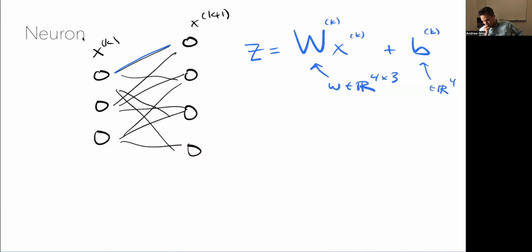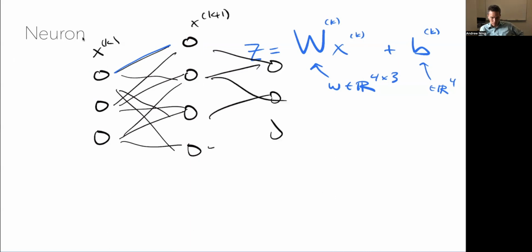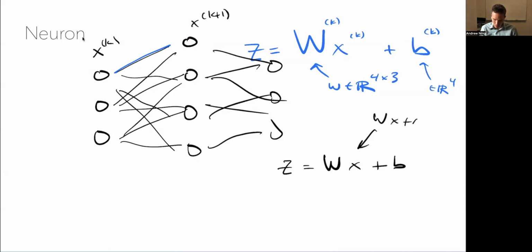Okay, so that's the start, but it can't be just that, right? Because if I only have linear models, let's say I've got another layer here, and I connect that, and I do the same thing, with weights and biases over here. I can't only have linear models, because then the next layer, Z, is going to be W times the previous layer plus its bias, but that previous layer was also Wx plus b.